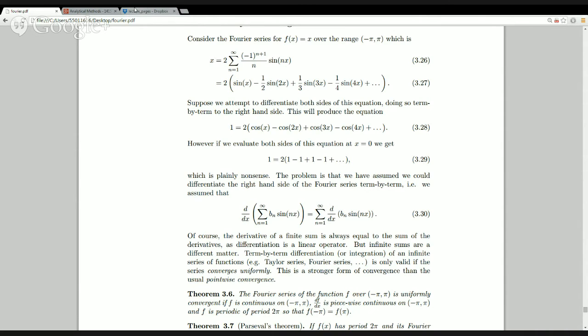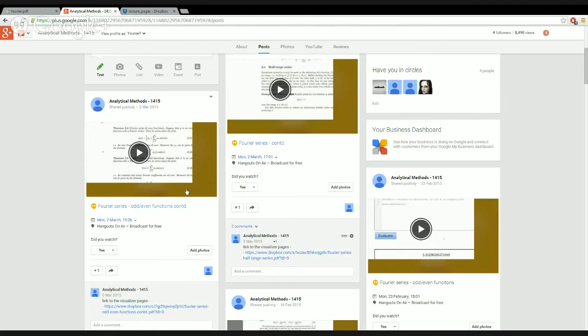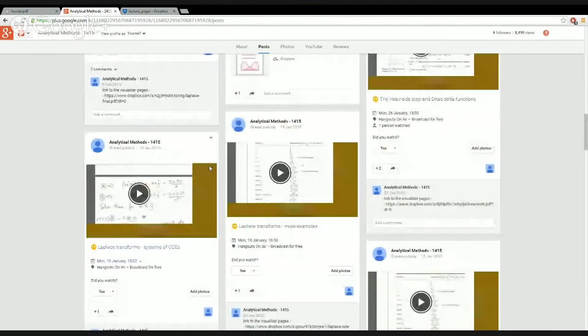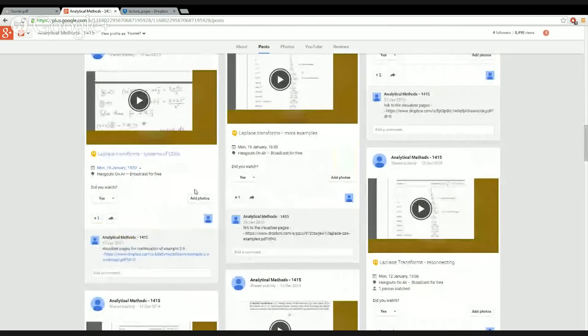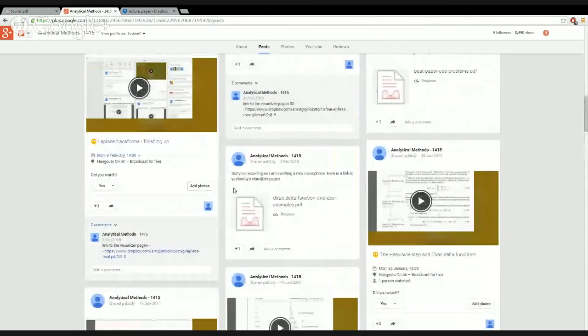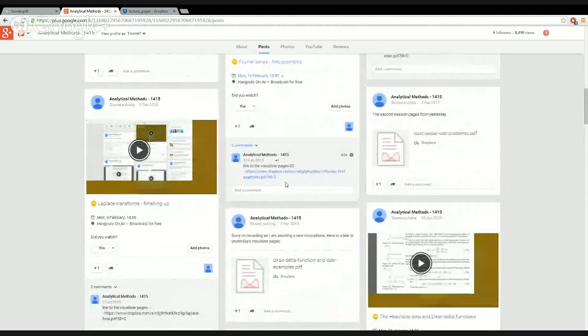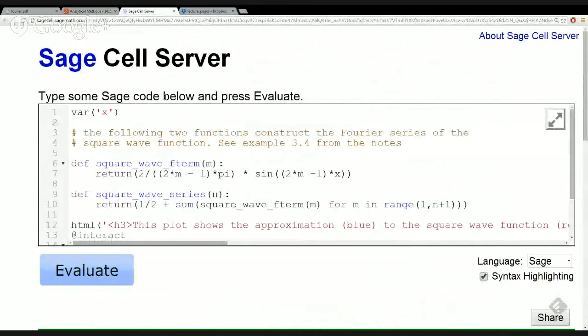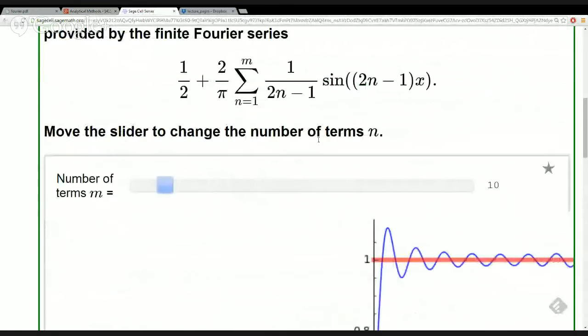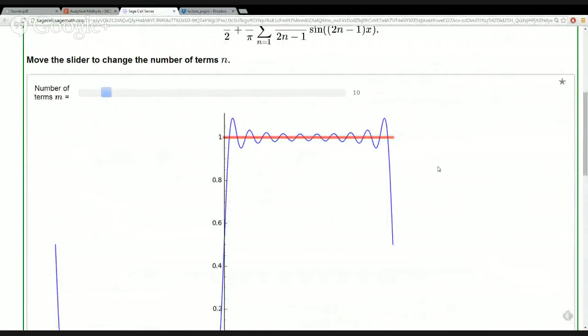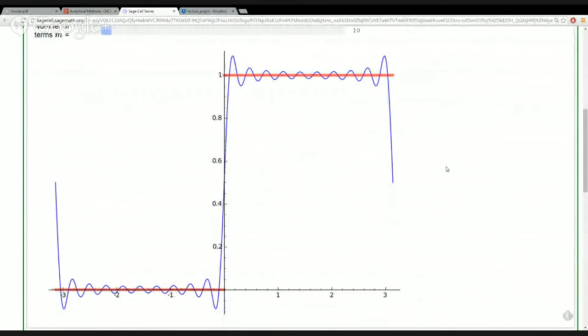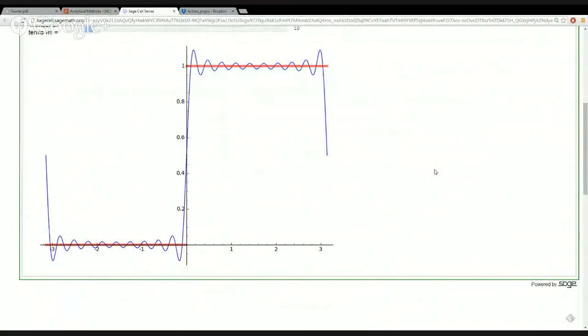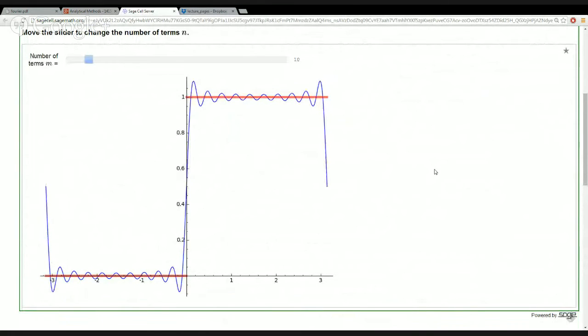Just to be clear here, we'll go back to one of the illustrations of a Fourier series, which we used before. This one here. You'll recall this picture, which we used as one of our first examples for exploring Fourier series.